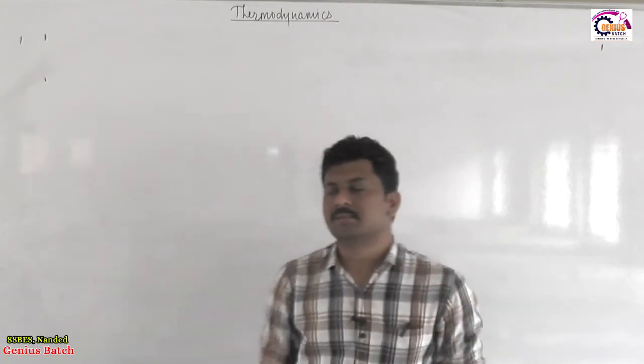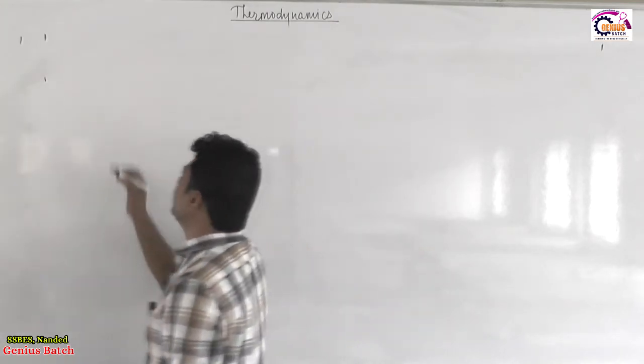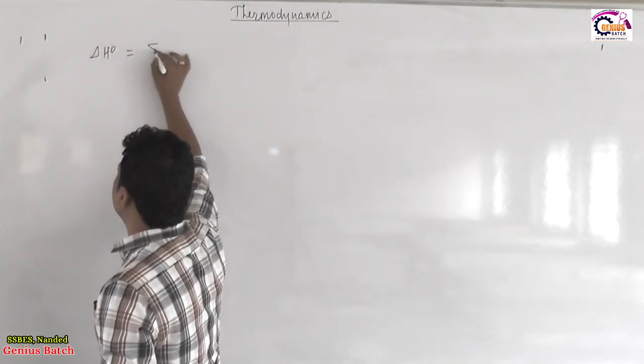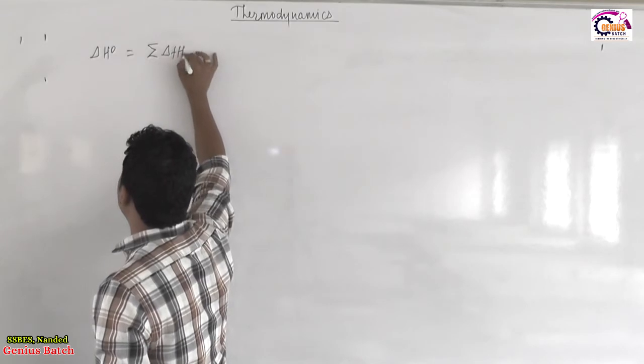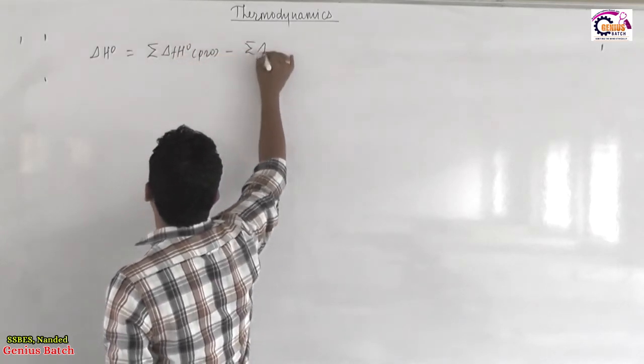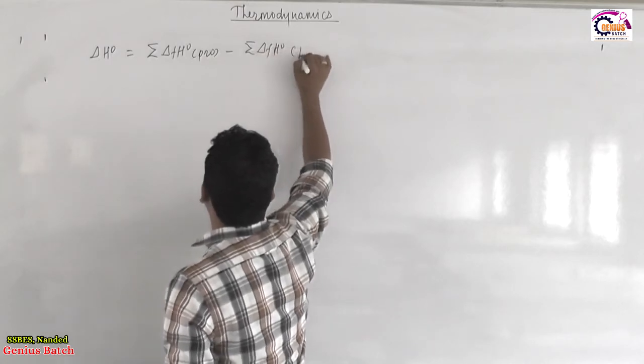As a basic convention, we have seen standard enthalpy change for any given reaction is mathematically expressed as the sum of formation enthalpies of the products minus the sum of formation enthalpies of the reactants.